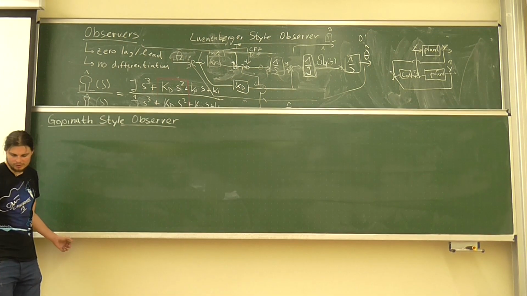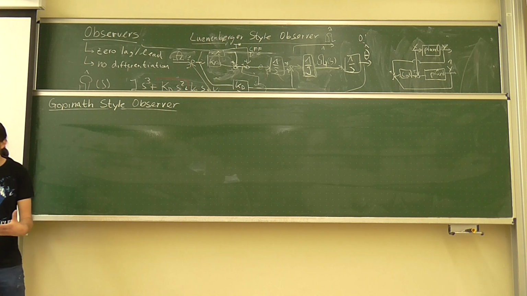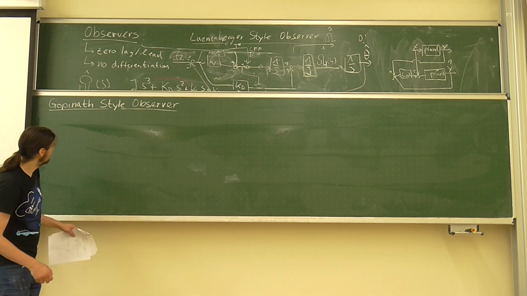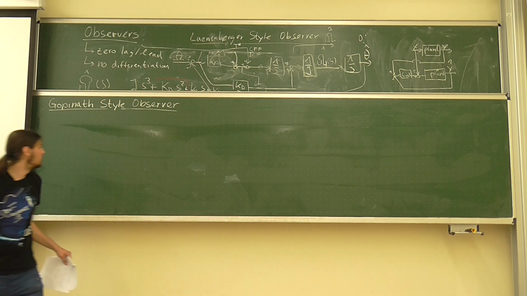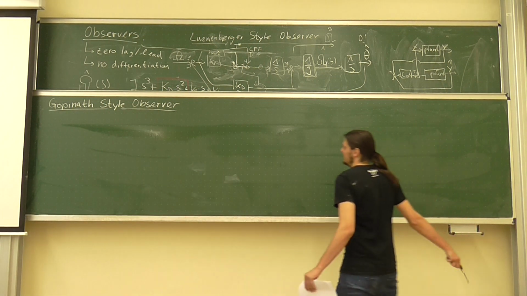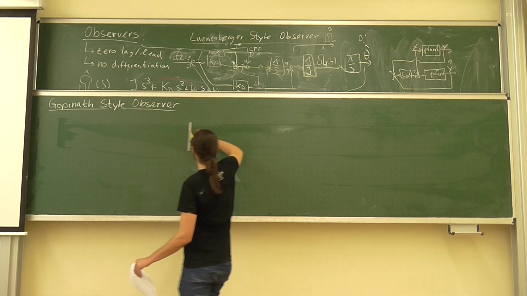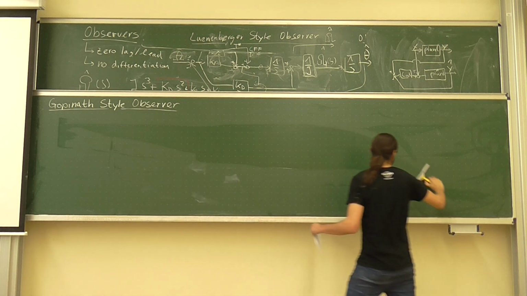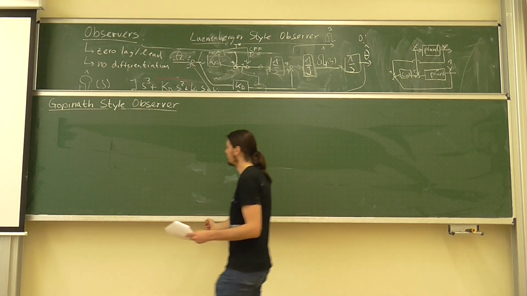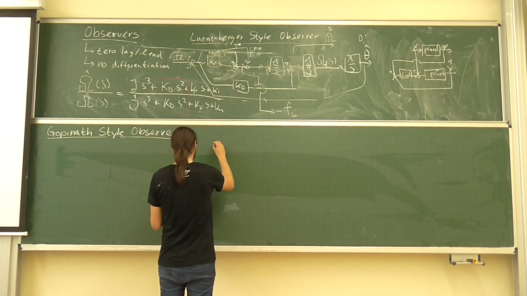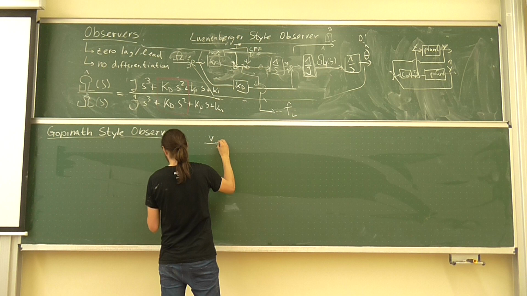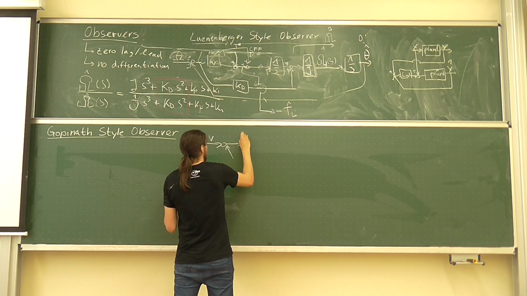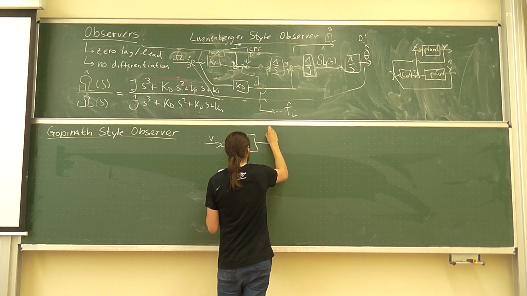Okay, the Gopinath style observer is meant to use inner states to estimate outer states. And let's use our example of the cascade control. And this DQ, I'll just use the simplified version.